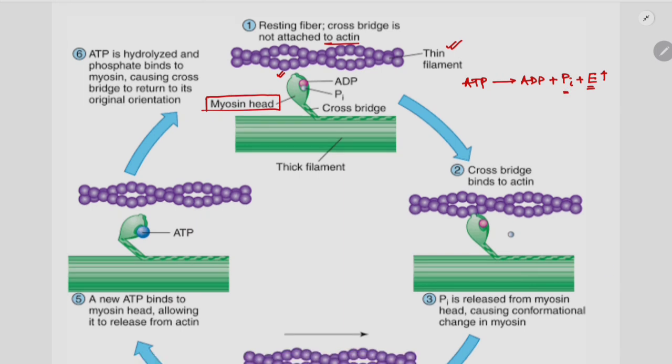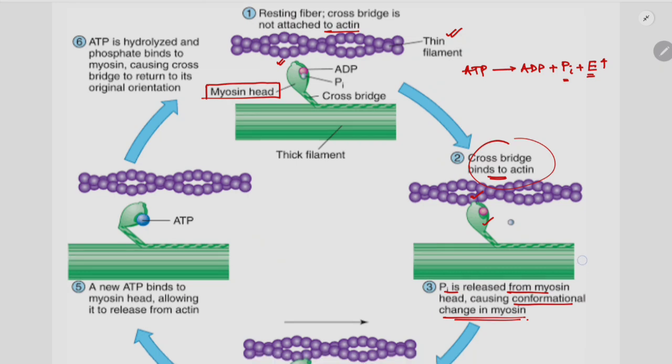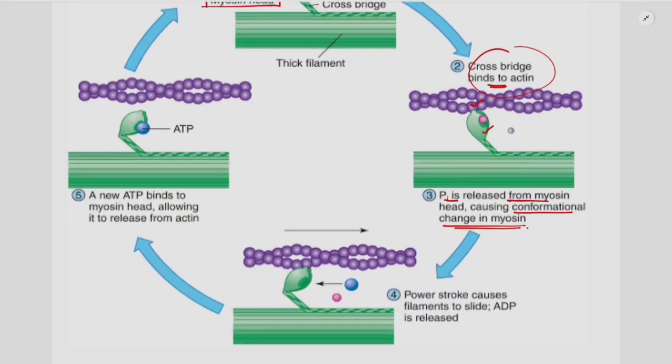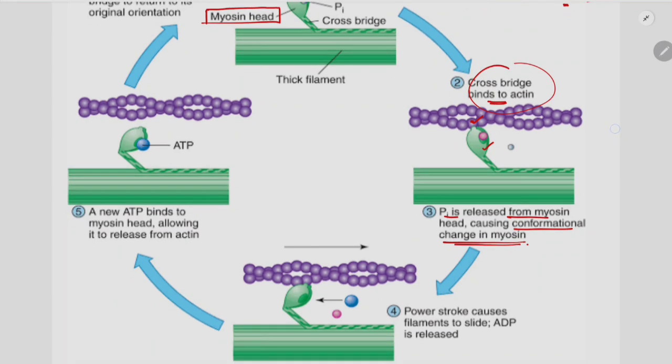So inorganic phosphate is released from the myosin head, causing a conformational change in myosin. That myosin head is attached to the actin, to the myosin binding site of the actin. Hence the cross bridge formation occurred. Right. Then from that the ADP molecule is also removed.